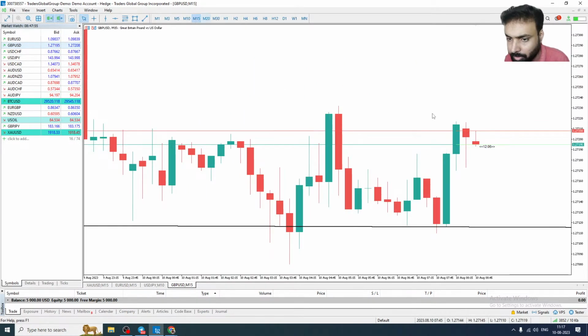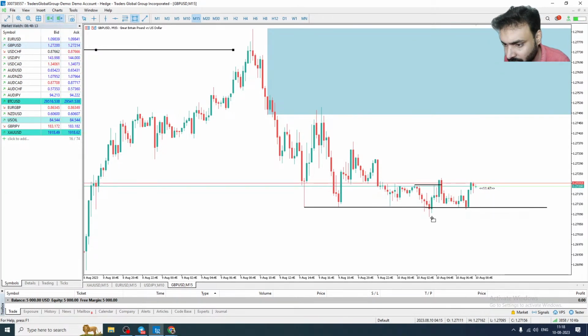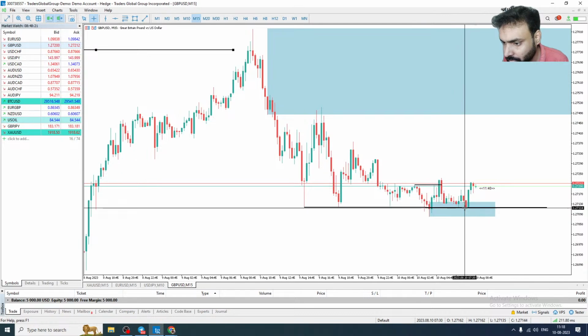Maybe let's go 15 minutes. Right, wicks broken by the wicks. Price, oh, again this happened, right? You can see there's a breakout structure. Price touched this level, pushed up, missed 106 points.